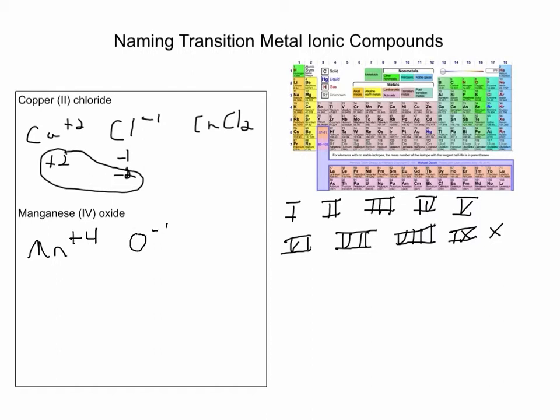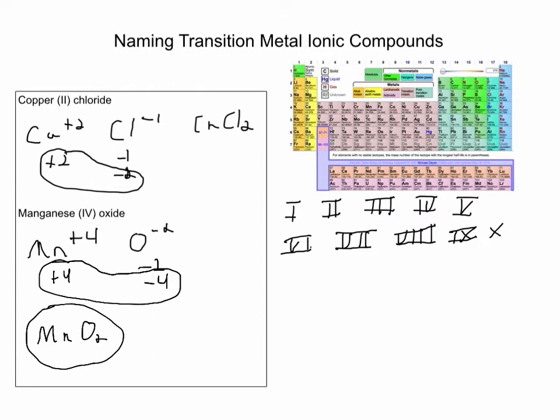Oxygen's -2, as is shown on the periodic table. It's in group 16. We do the least common multiple: +4, -2, 4 is our common multiple. So we have 1 manganese ion and 2 oxide ions. So MnO2 would be our formula for manganese 4 oxide.